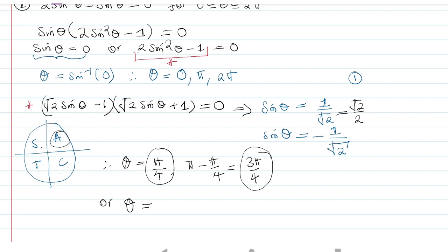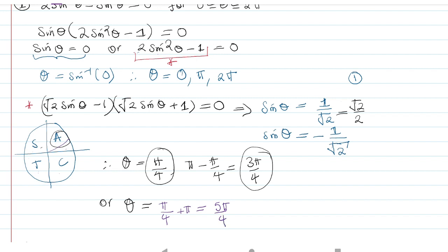And how do we find the angle in the third quadrant? We are going to add. So the first angle will be pi over 4, that is the angle in the first quadrant, plus 180 degrees, which is plus pi.